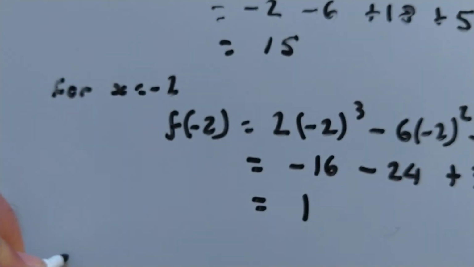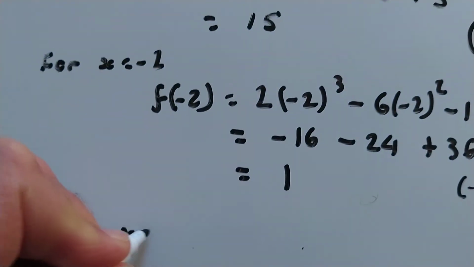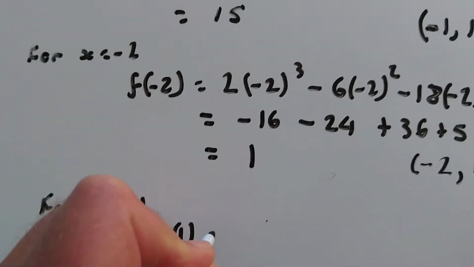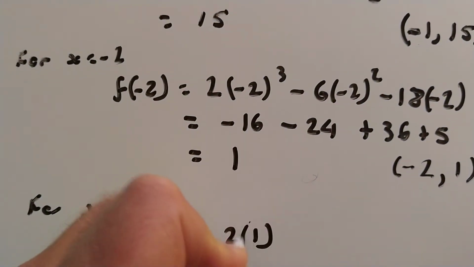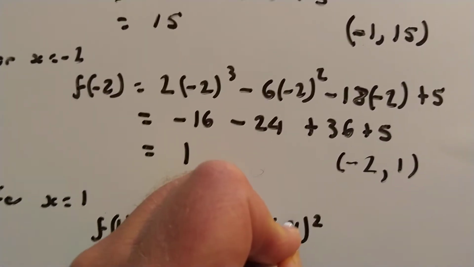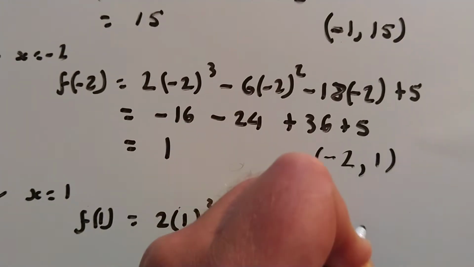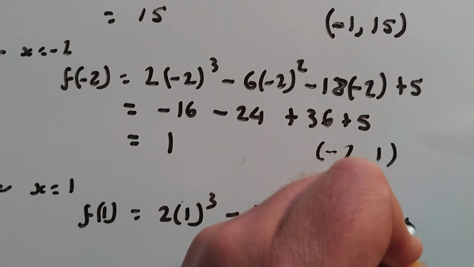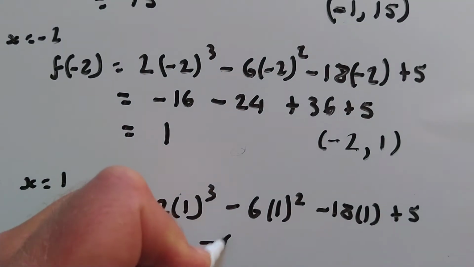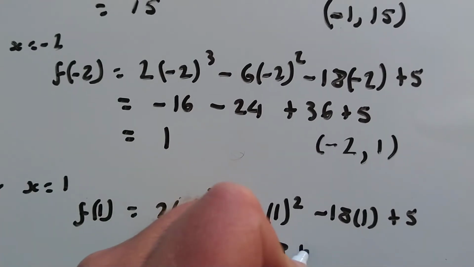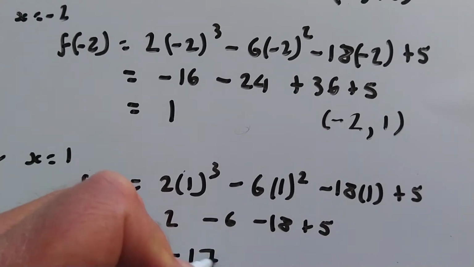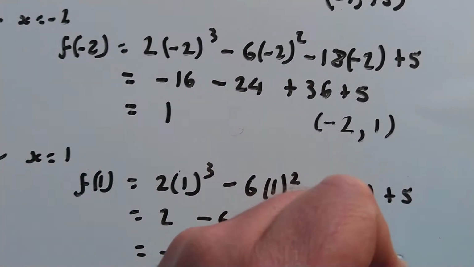So, once again, for x equals 1, put the value of 1 into my original equation. 2 lots of 1 cubed, take away 6 lots of 1 squared, minus 18 lots of 1, plus 5, that's 2, take away 6, take away 18, plus 5, equals negative 17.